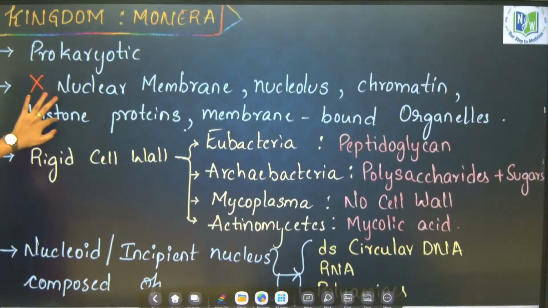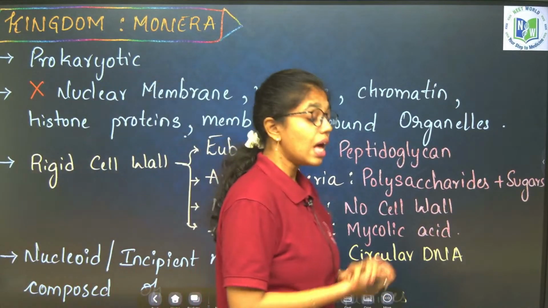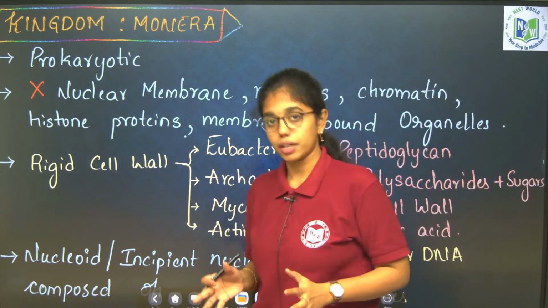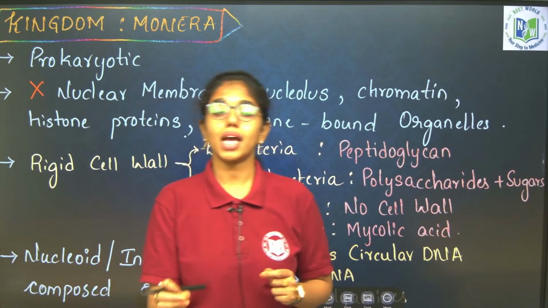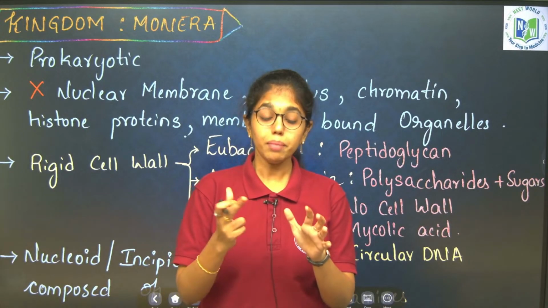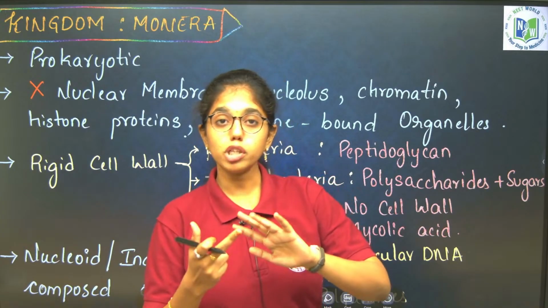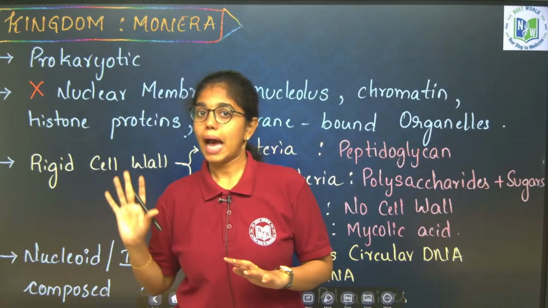Now, Whittaker's 5 kingdom system of classification is widely accepted. In this chapter we are going to discuss each and every kingdom in detail: Monera, Protista, Fungi, Plantae and Animalia. Of course, Plantae and Animalia have 2 separate chapters, plant kingdom and animal kingdom.